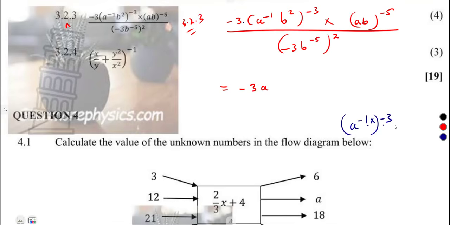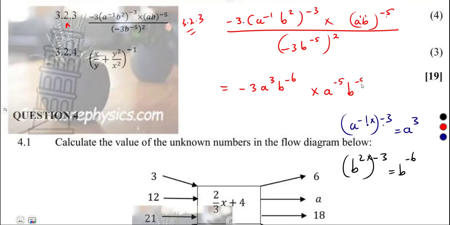So you multiply the exponents, negative 1 times negative 3, that's a positive 3. Then b squared to the exponent of negative 3, like that. So you multiply again, it was going to be b to the exponent of negative 6. Here it's 1 and 1, so simply 1 times negative 5, that's a negative 5.